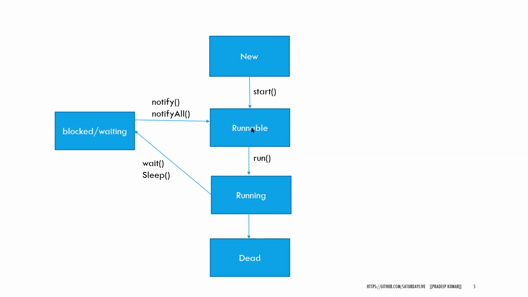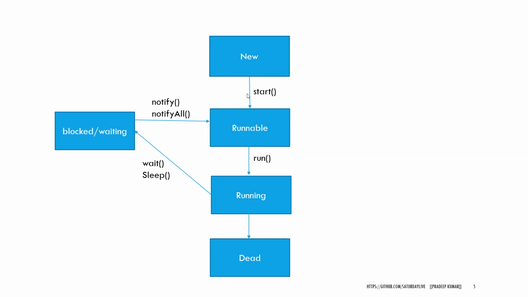Once the thread is in the runnable state, the JVM will internally call the run method on the thread. The run method is where we put our logic, what we need to execute, and the JVM will call the run method, right? So if we call the run method directly, right?